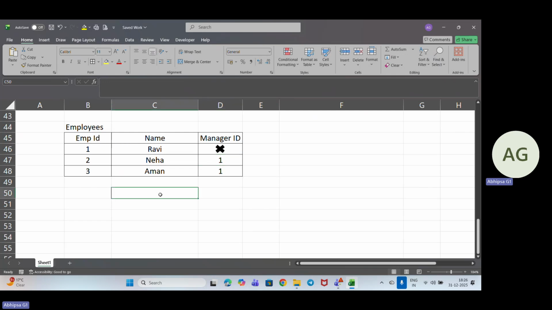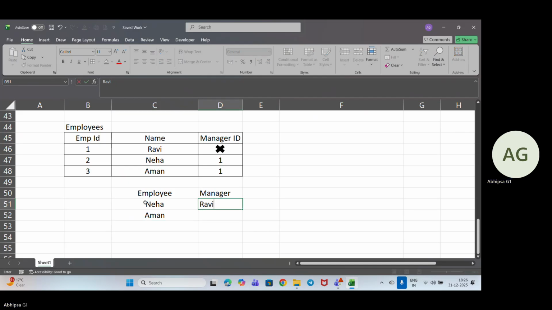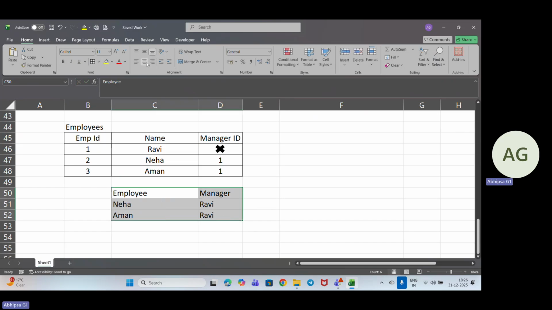Here it will be employee and here would be manager. So we will have Neha, we will have Aman, and here we will get the value as Ravi and Ravi. So this would be the result for this.